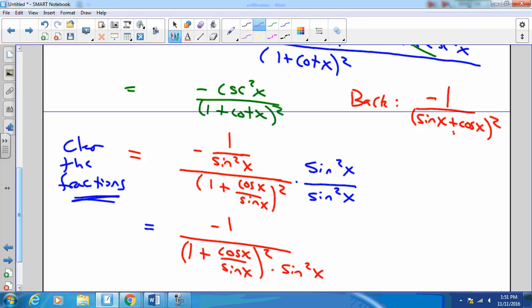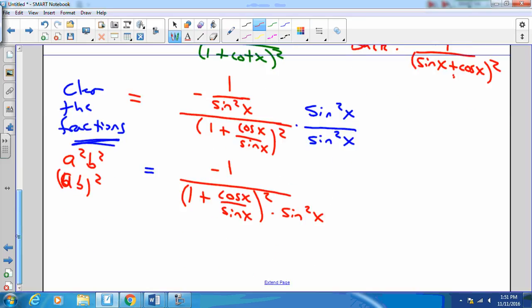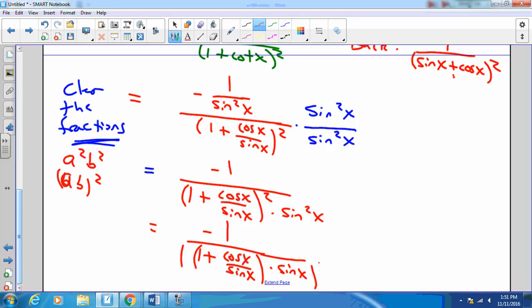Then I look at this guy right here, and I look at this guy right here, and I realize that if this is going to work, they somehow had to merge these square things together. And so I do a quick computation over here. A squared b squared is the same as ab squared. So, therefore, if this is my a and this is my b, this is -1 over 1 plus cosine x over sine x times sine x, and all of that squared.